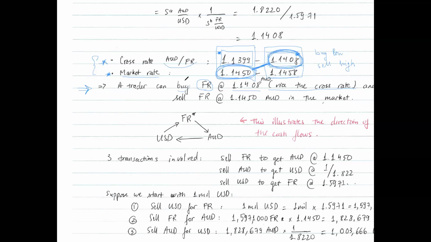So this buy transaction will involve the first two banks. At the same time, I'll be selling the franc at 1.1450 in the market, to the third bank, okay? So this is to bank 3.